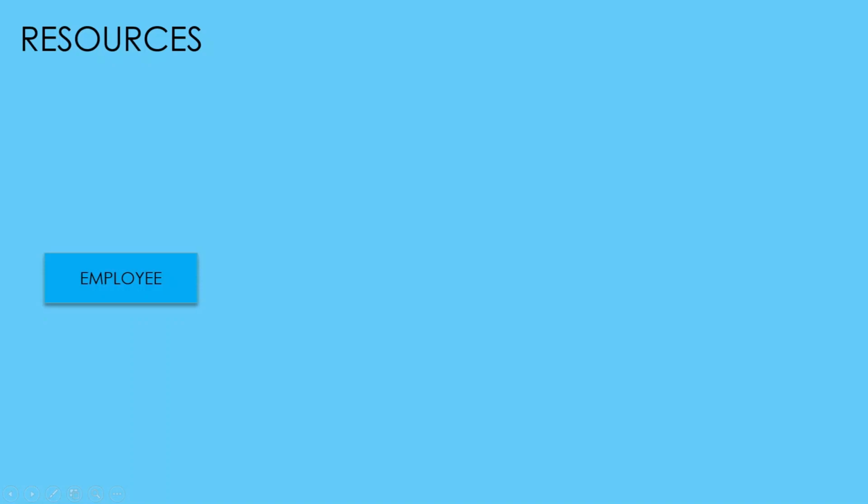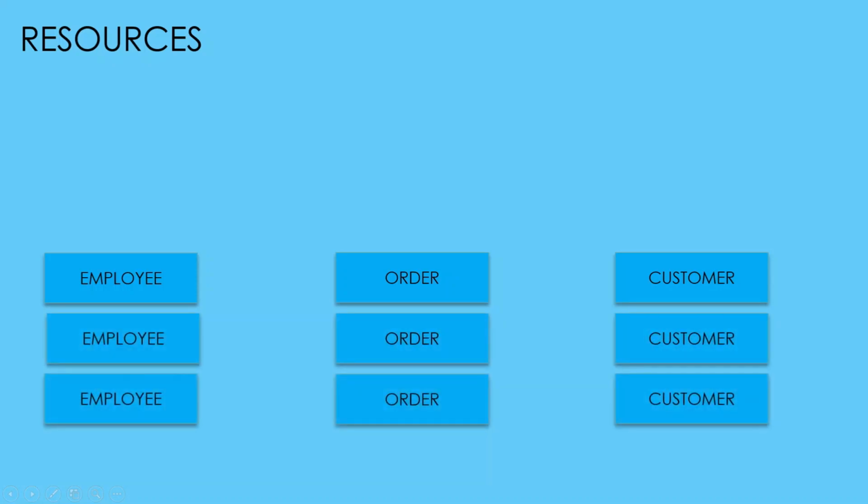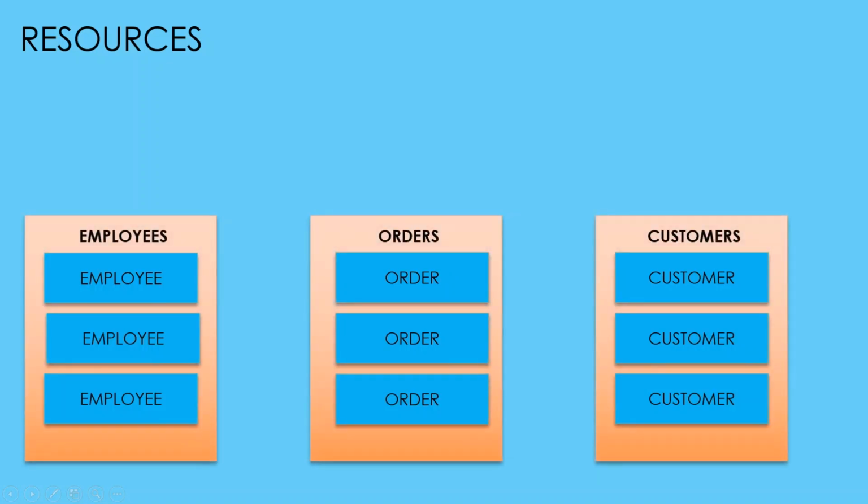For example, employee, order, and customer could be resources, and there could be multiple employee, order, and customers, and this together form a collection. So a collection is of a resource, like employees collection has employee resource.